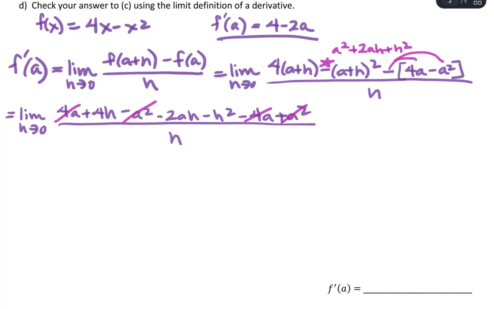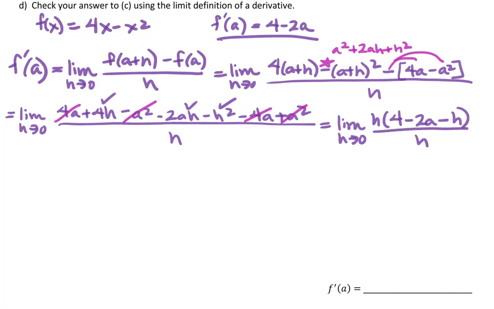And everything that's left over includes an h, so I'm now ready to factor that h out, and I'll be left with 4 minus 2a minus h. When I cancel the h out, I'm finally ready to let h go to 0, and when h goes to 0, all I'm left with is 4 minus 2a.